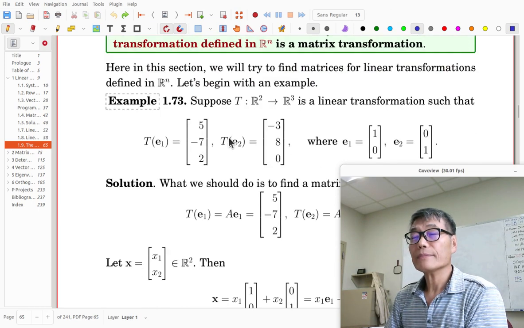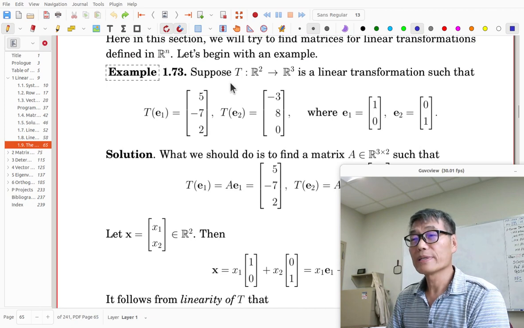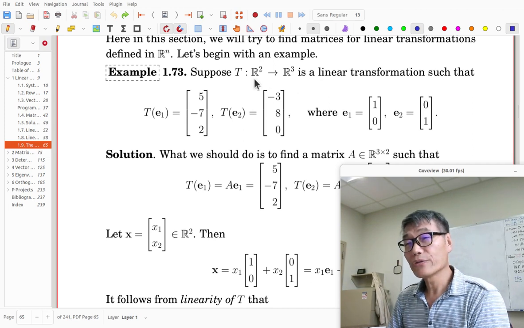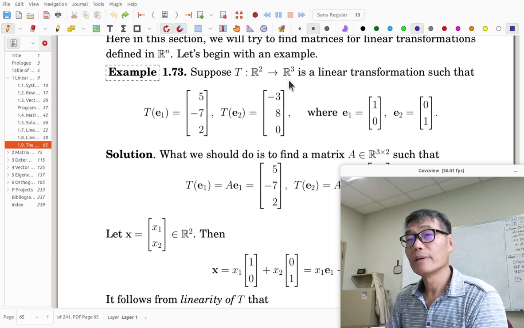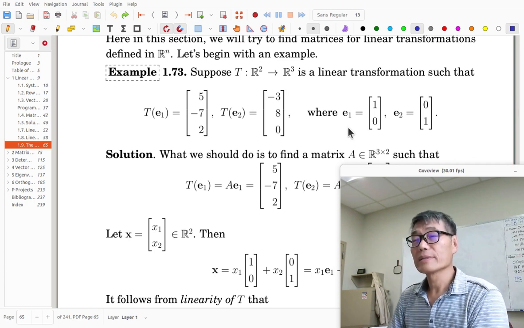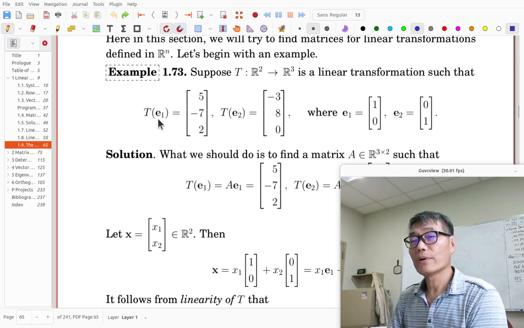Here, let's see this example. Suppose T is a linear transformation defined in R2 and the codomain is R3 such that the action on E1 and E2, where E1 and E2 are the standard bases for R2, is given in this way.